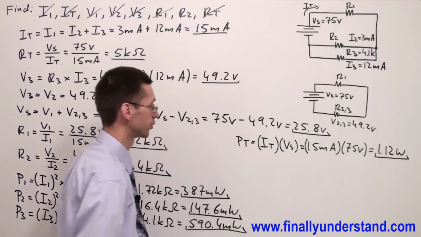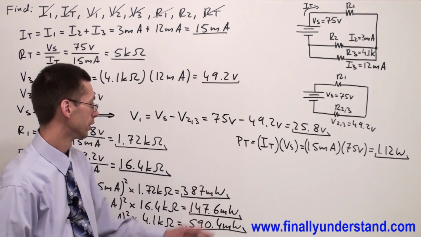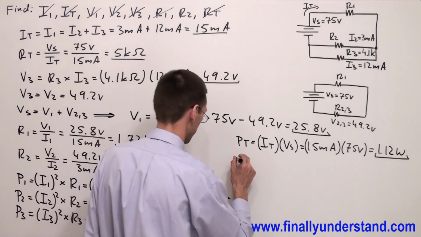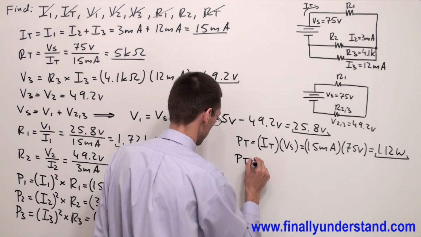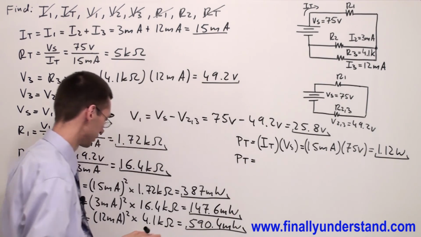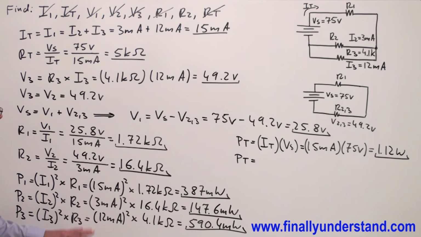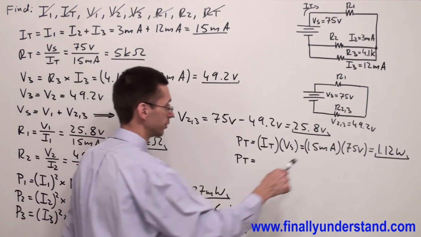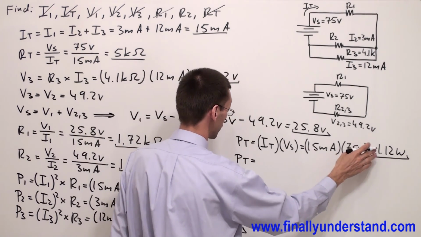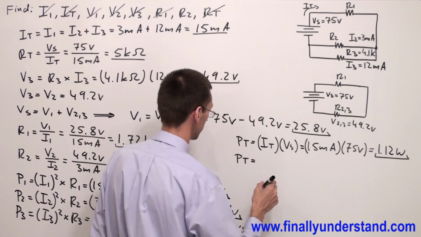Okay, this is one way to get the total power, and if you want to find the power in a different way, and at the same moment we are going to prove our answers, we're supposed to simply add all these three powers together, and we're supposed to obtain a number equal or close to 1.12 watts.